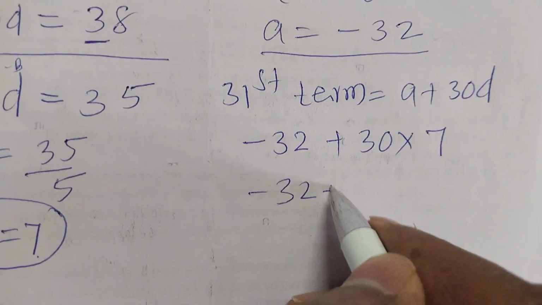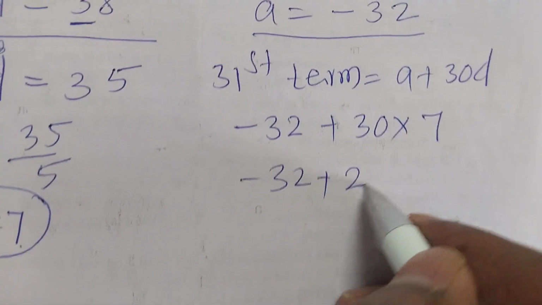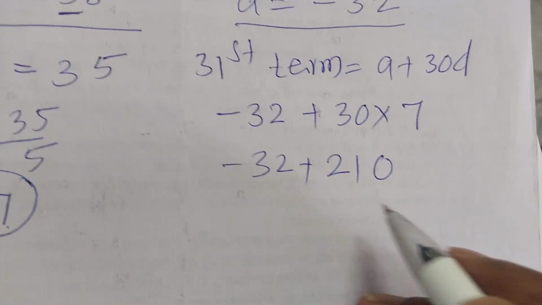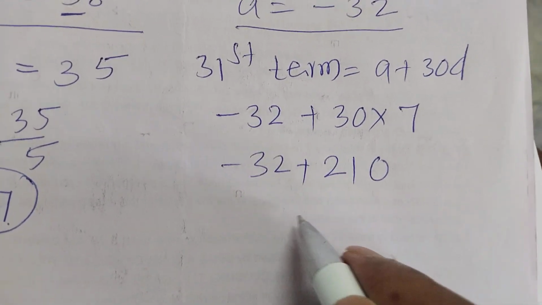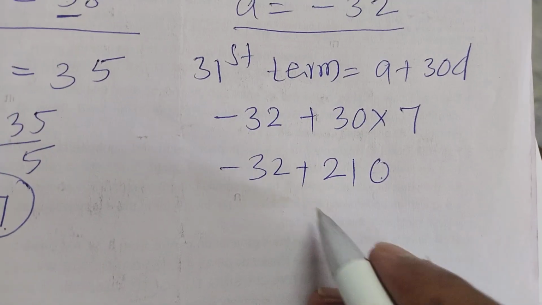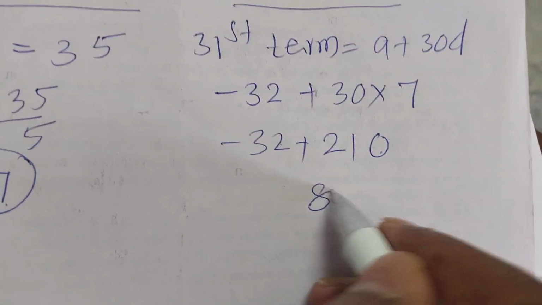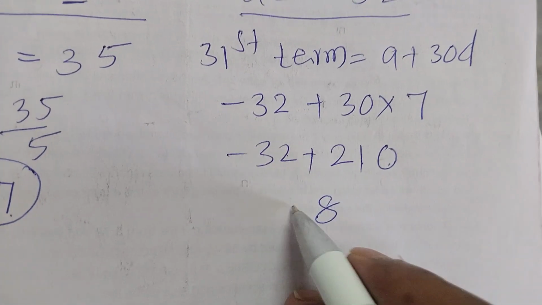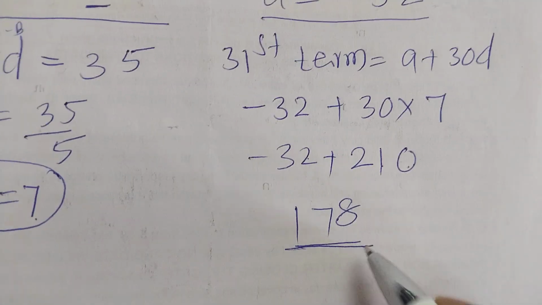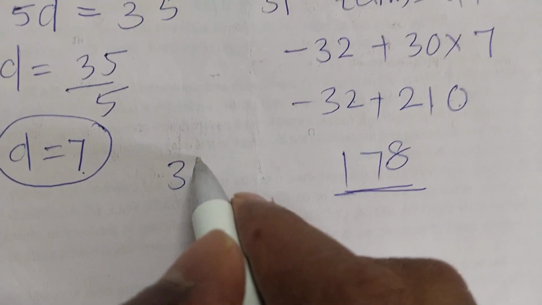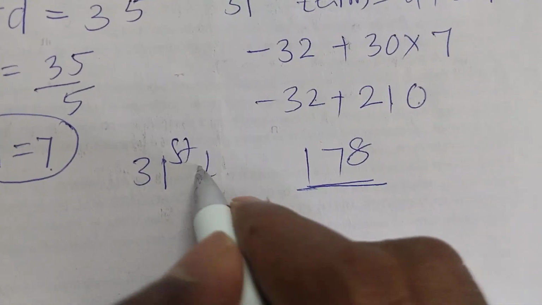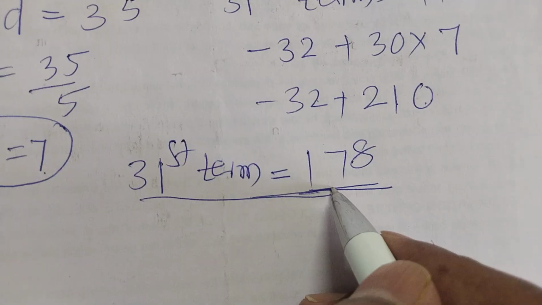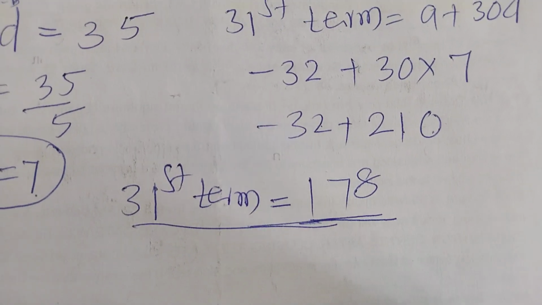Minus 32 plus 3 into 7, 21, and 0 is here. If we subtract 210 minus 32, 10 minus 2 is 8, here 0 will remain, take one borrow, 10 minus 3 is 7, and 1. That is 178. Therefore the 31st term equals 178.